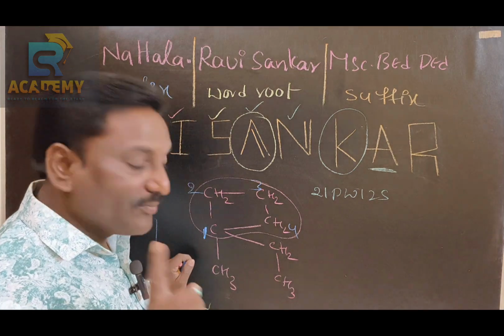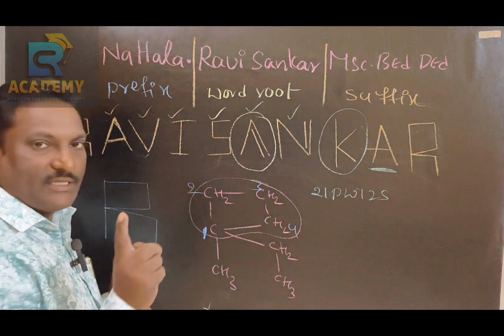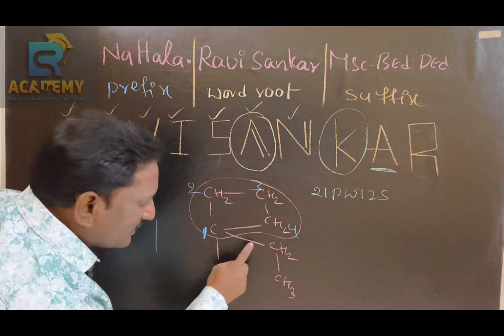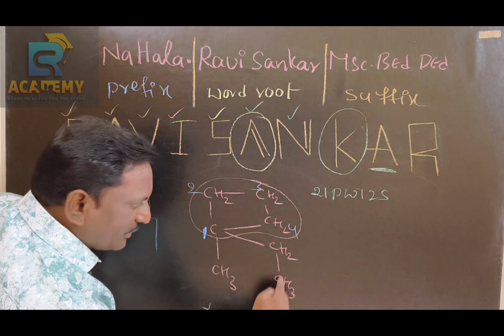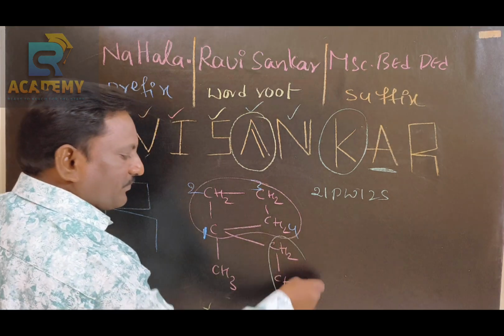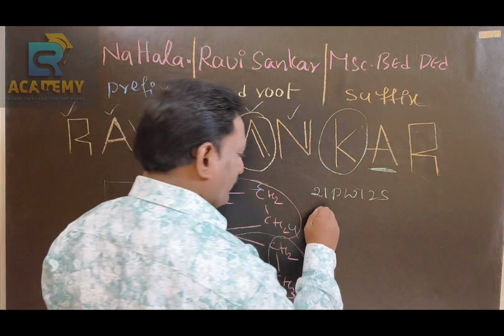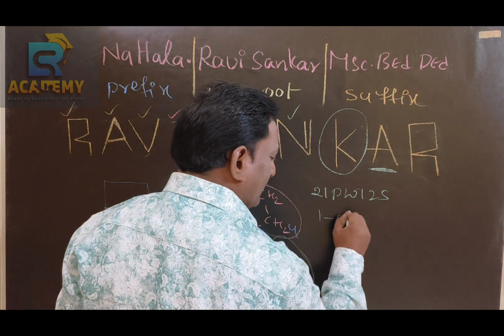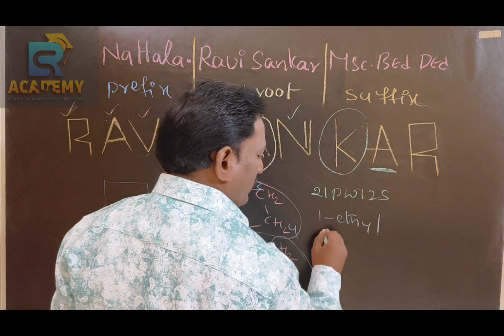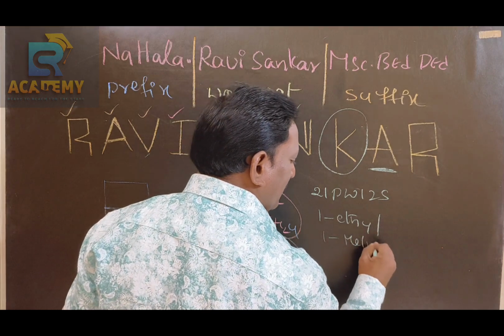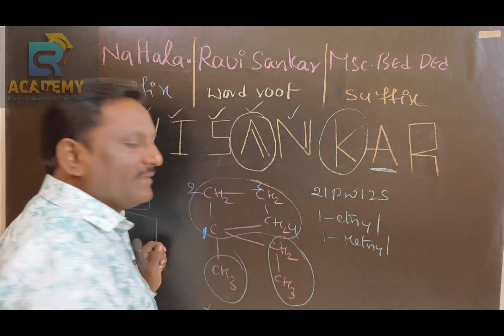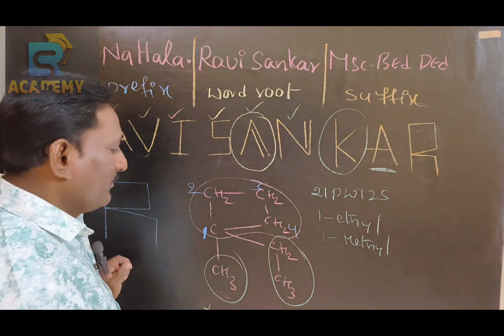Secondary prefix as branches. Two branches are there. One is methyl, the second one is ethyl. Two carbons continuously, this is the ethyl group. This is the methyl group. One ethyl, one methyl.